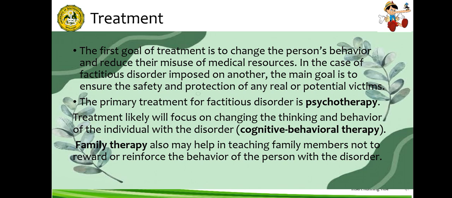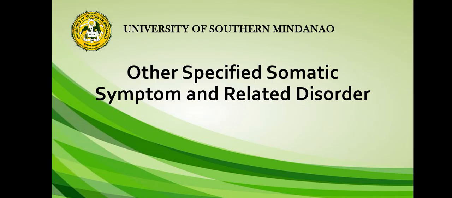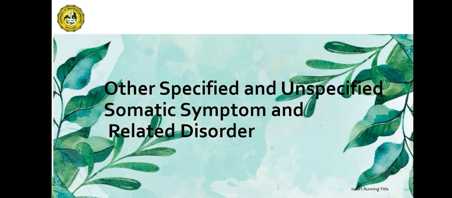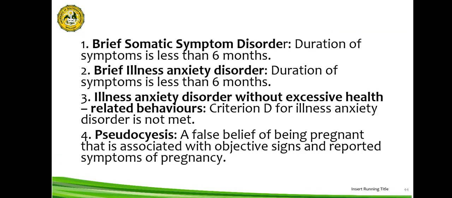Now, moving on to other specified and unspecified somatic symptom and related disorder. So, number 1, brief somatic symptom disorder. Ito yung may duration ng symptom na less than 6 months. Same as with brief illness anxiety disorder.